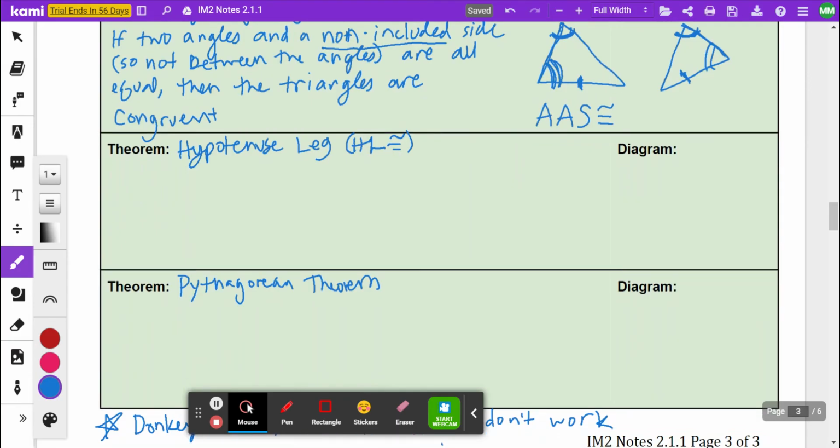Next, I have hypotenuse leg. Okay, so for right triangles, and only right triangles have a hypotenuse.